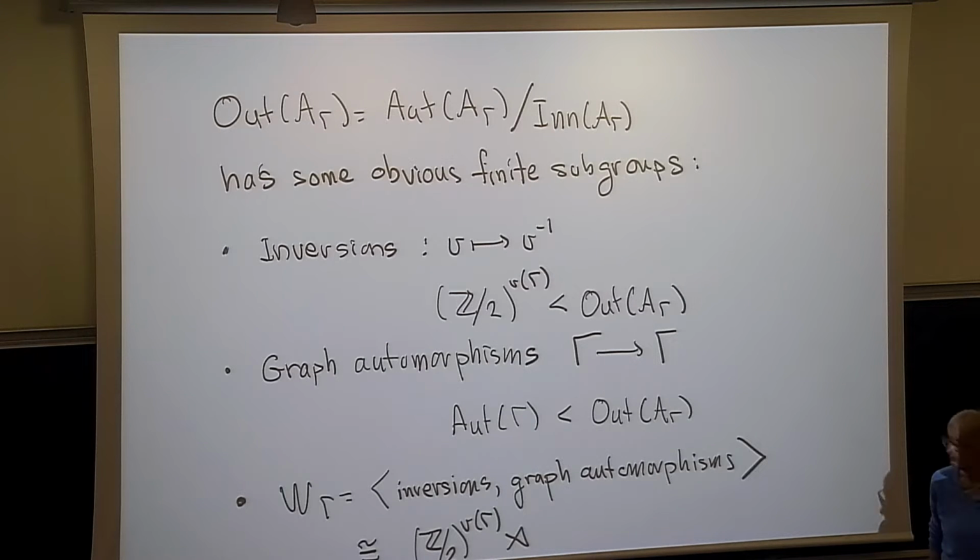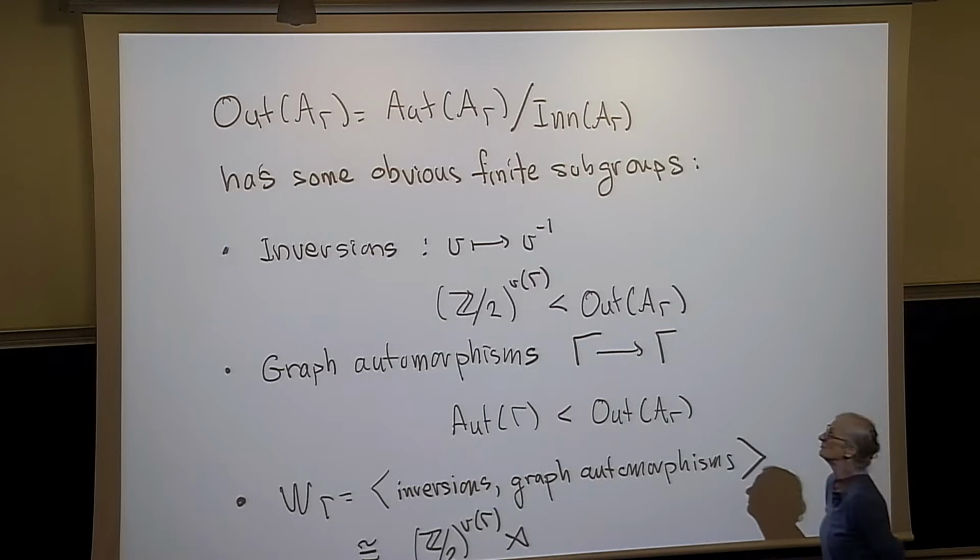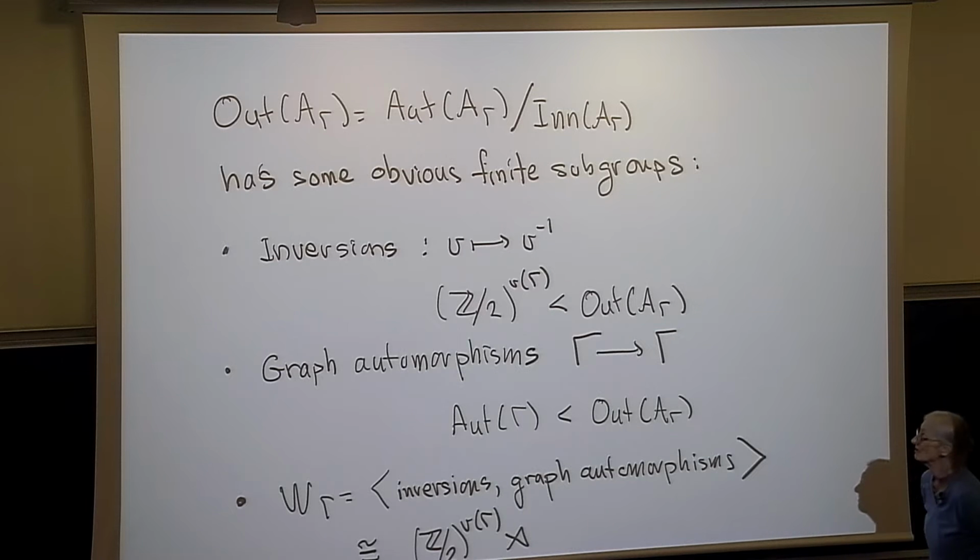Right, so I'm looking at the group of outer automorphisms of these rags. That's automorphisms modulo inner automorphisms. And I'm interested in finite subgroups of this group. So there are some obvious finite subgroups.